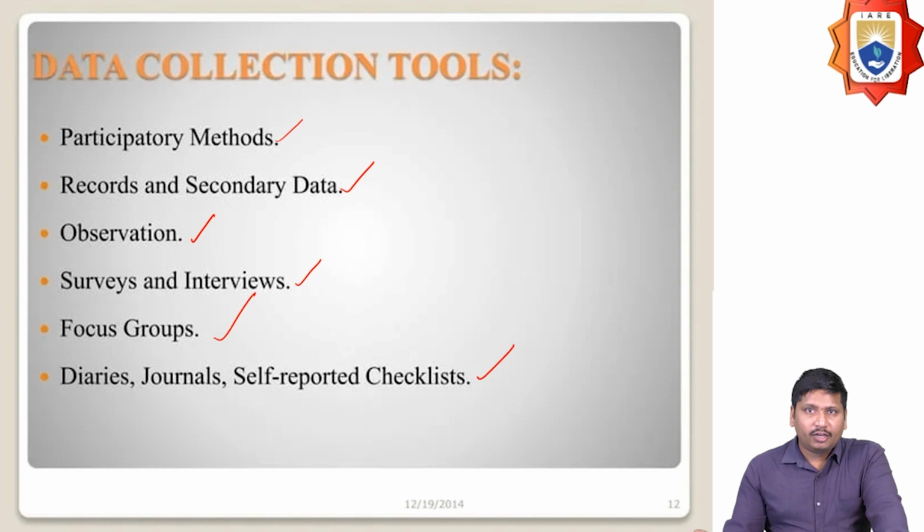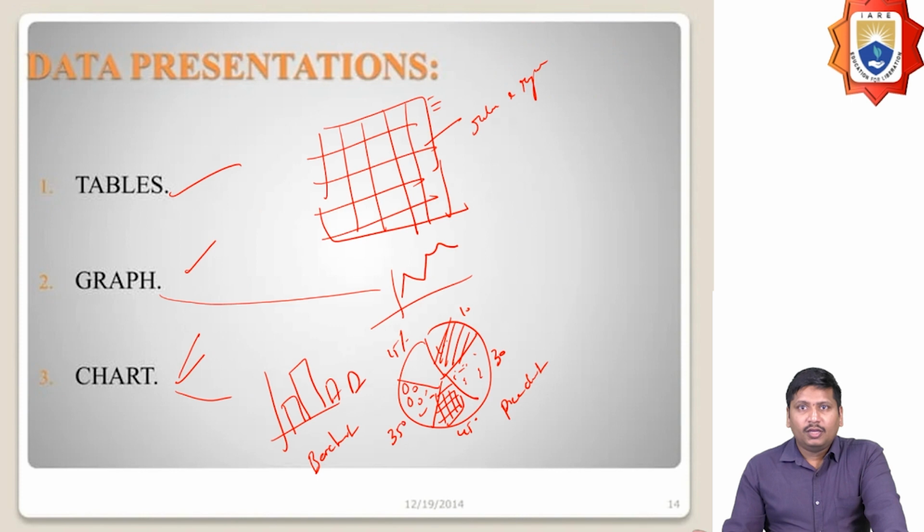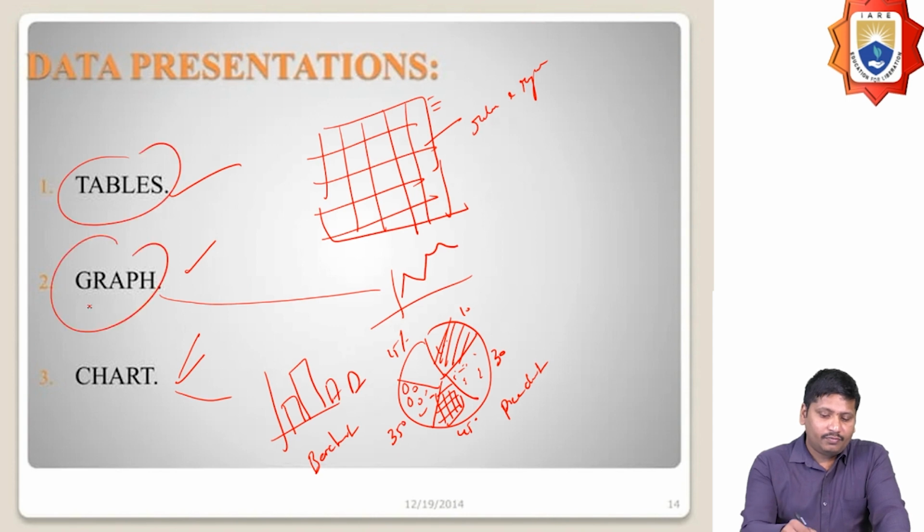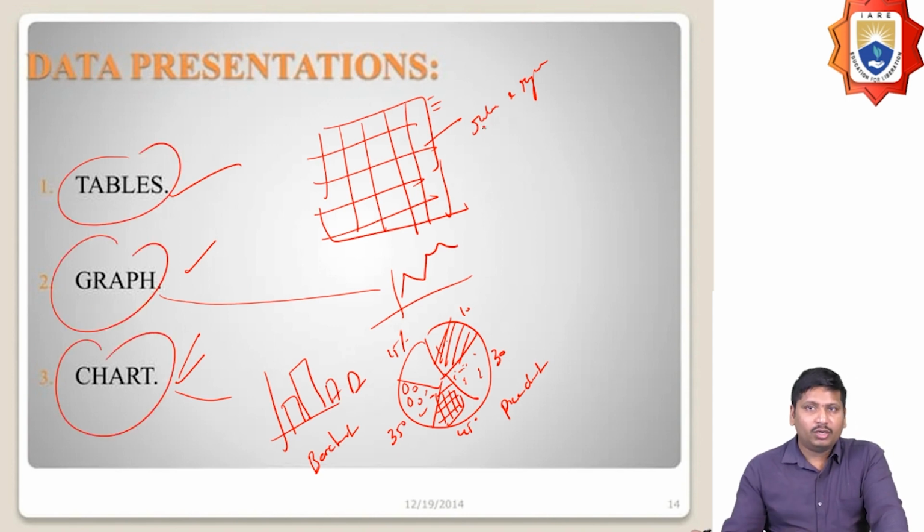And some of the data collection tools will be prospectory methods, records and secondary data, observations and surveys, and review focus groups like this. And for data representation, we have different types like tables, graphs, and charts. A table can represent data in the form of rows and columns.